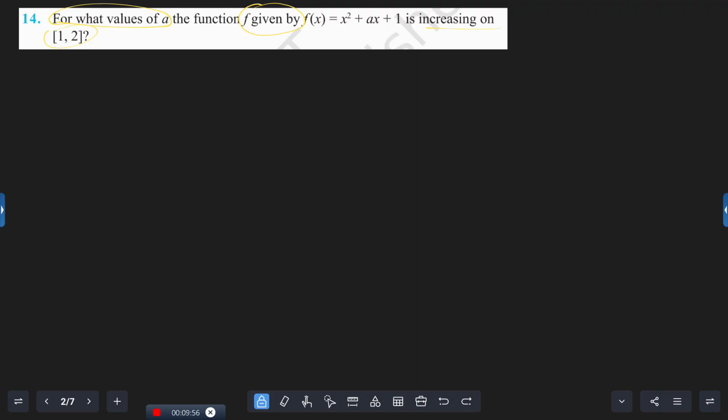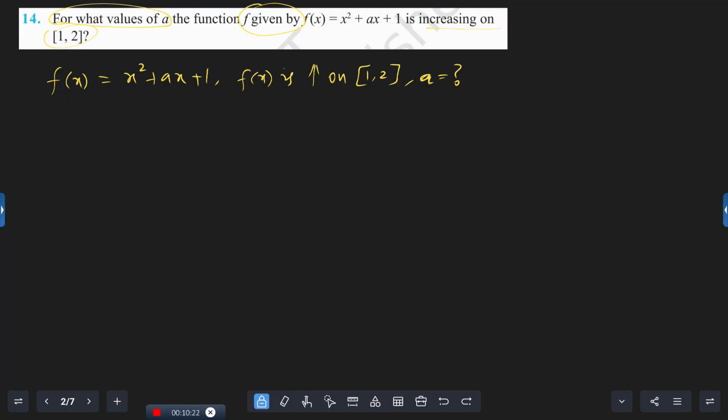So f of x is equal to x square plus ax plus 1, and f of x is increasing on the closed interval 1 comma 2. Then find a. That is the question. Have you understood?